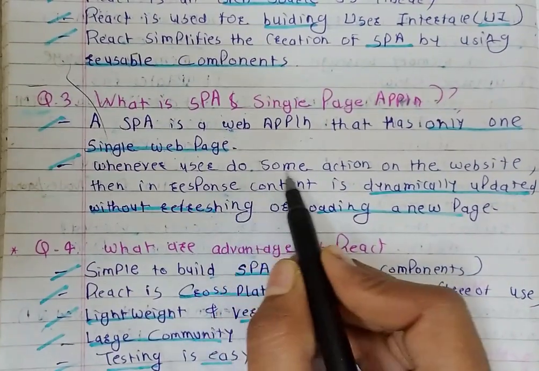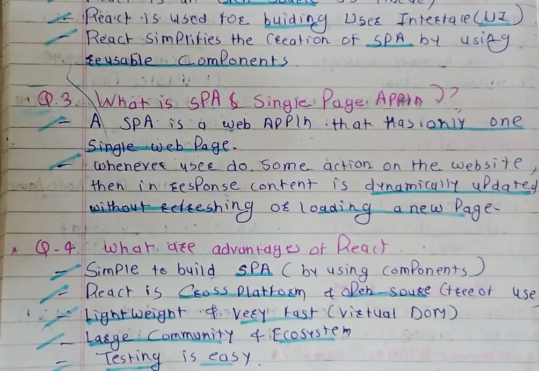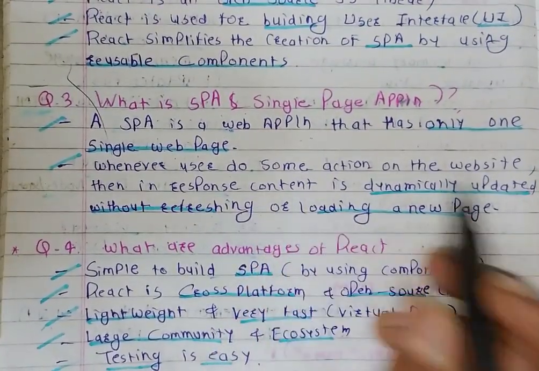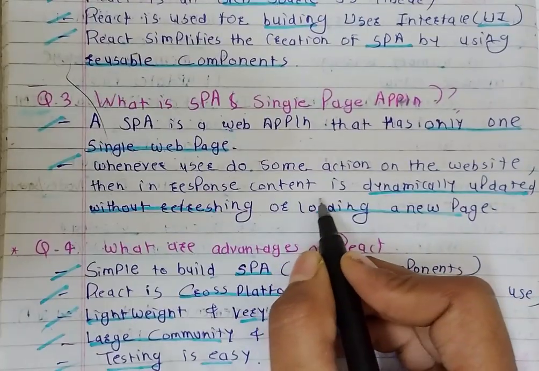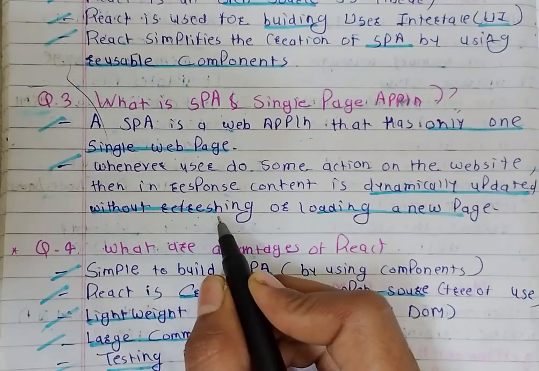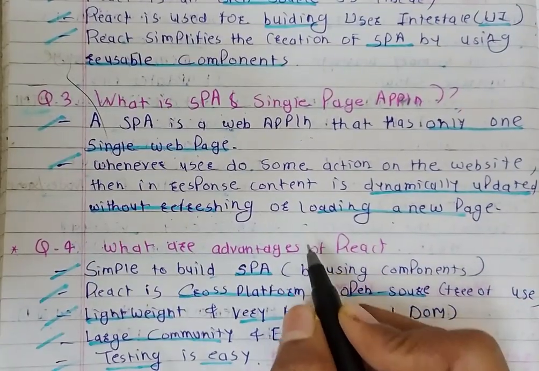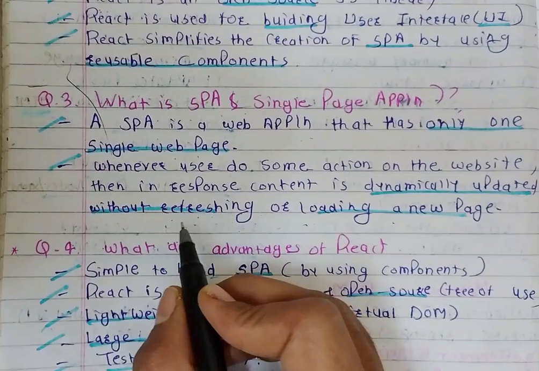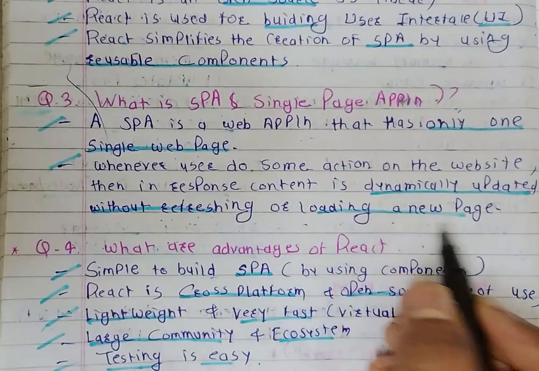Whenever the user does some action on the website, the content is dynamically updated in response without refreshing or loading a new page. So if any change happens within the web page, the response content is dynamically updated, with no need to refresh the page again and again and no need to load a new page, which simplifies React and also makes it faster.